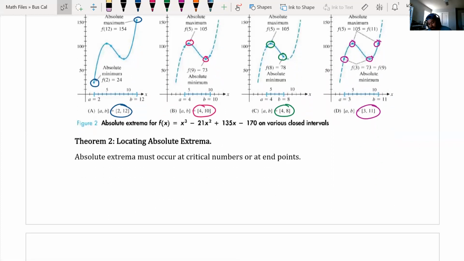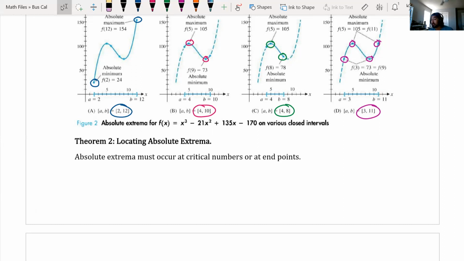All right. So, theorem 2, locating absolute extrema. To find an absolute maximum or minimum, this theorem is very important. Absolute extrema only occur at critical numbers or at endpoints of your closed interval.